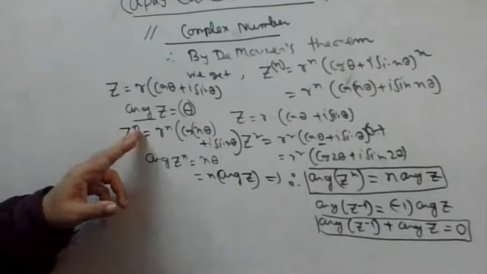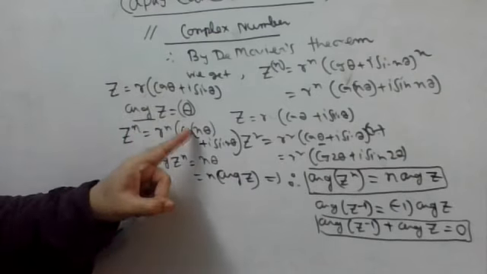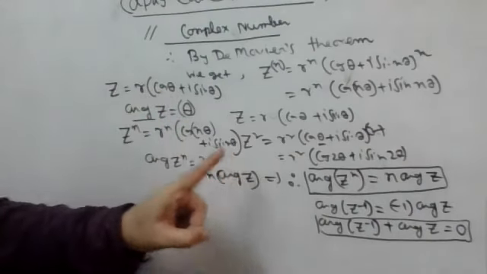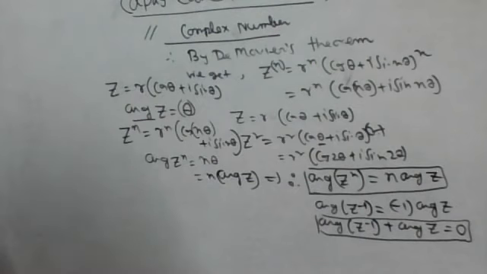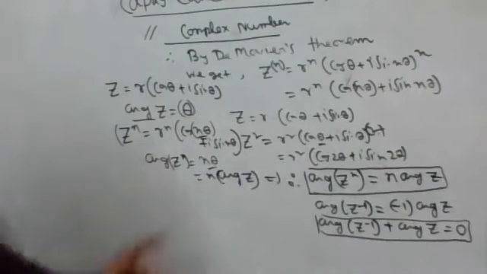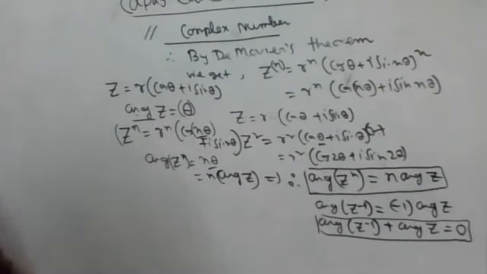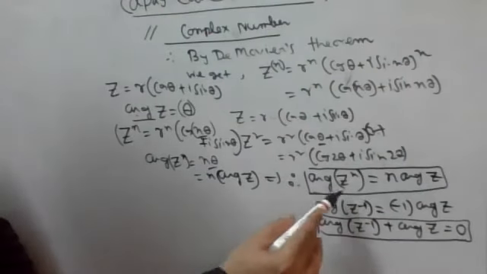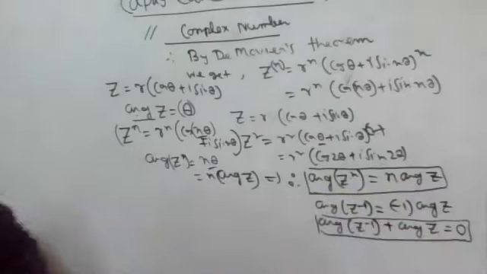Z to the power n gives r to the power n, and the angle becomes a multiple of θ using de Moivre's theorem. So what is the argument of z to the power n? It is nθ, n times the argument of z. What result have we got? The argument of z to the power n is equal to n times the argument of z.